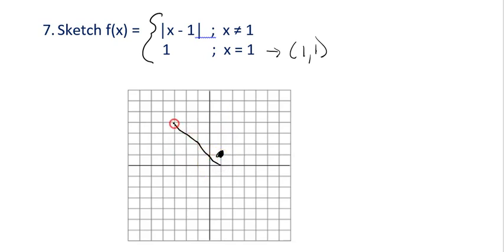And then it's perfect diagonal on each side. But at the point where x equals 1, I'm going to have an open circle. And then this point fills in above it. So this one you can't really highlight, but you have to understand what this means. It means there's a hole in this one, and this is just a point.